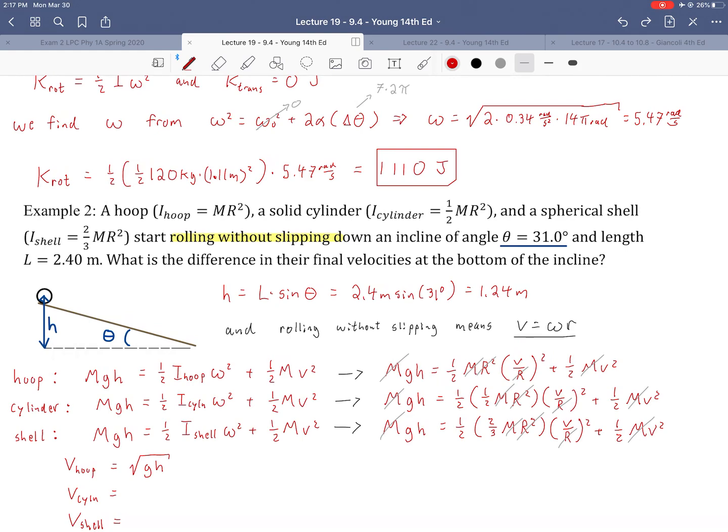And then for the cylinder, it will be 4/3 GH, obviously inside the square root. And we get that because we have a 1/2 times 2/3, which is going to give us a 1/3. And then the 1/3 plus a 1/2 gives us the 3/4.